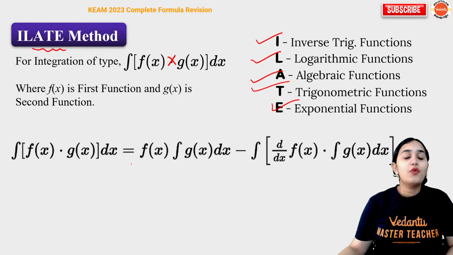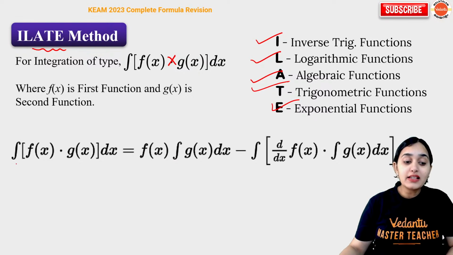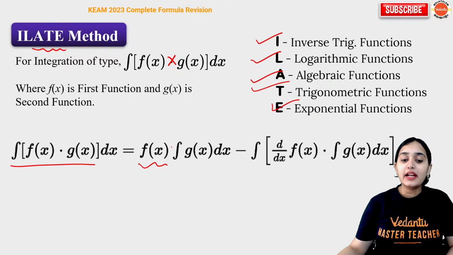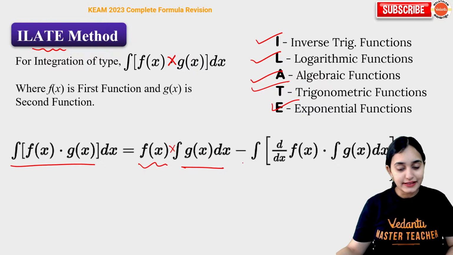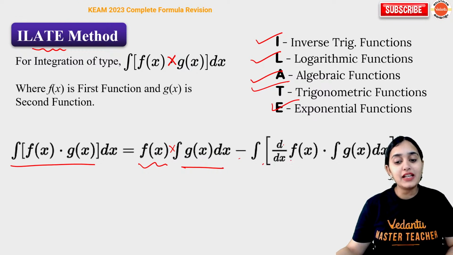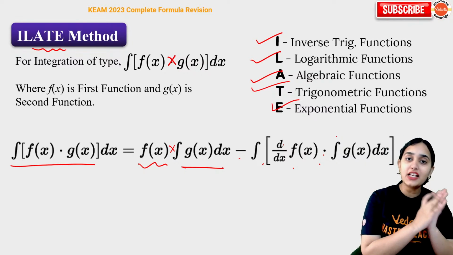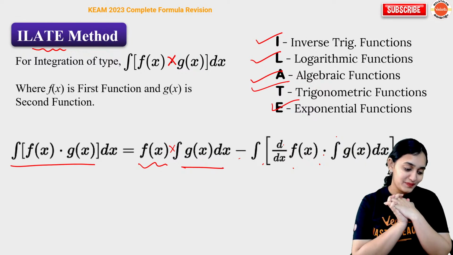So why do we use ILATE? Because integration of f(x) into g(x) is f(x) into integration of g(x) minus integration of d by dx of f(x) into integration of g(x) dx. So that's why you should know which is the first function and which is the second function. Okay.